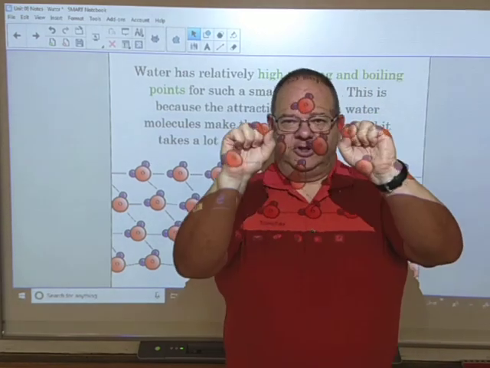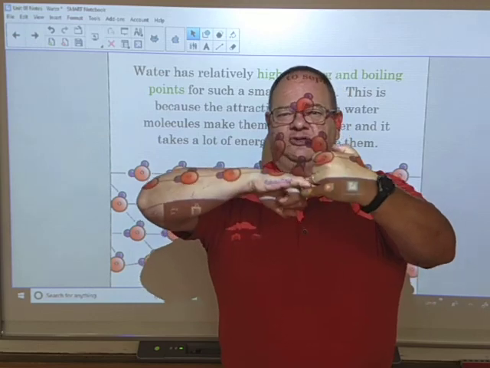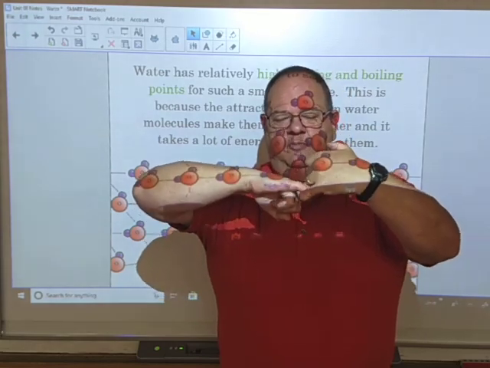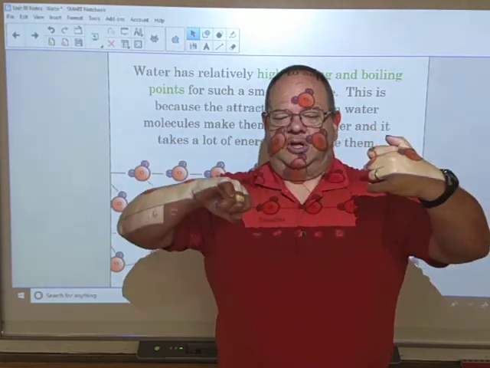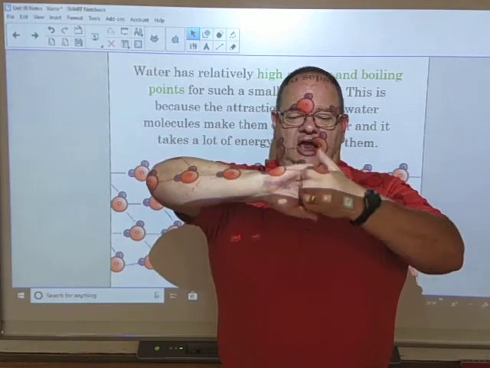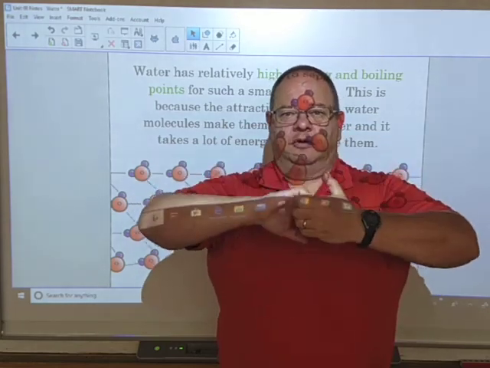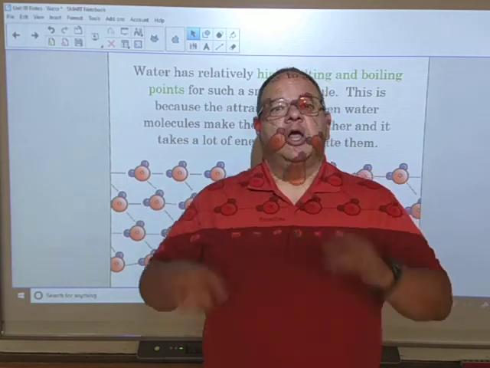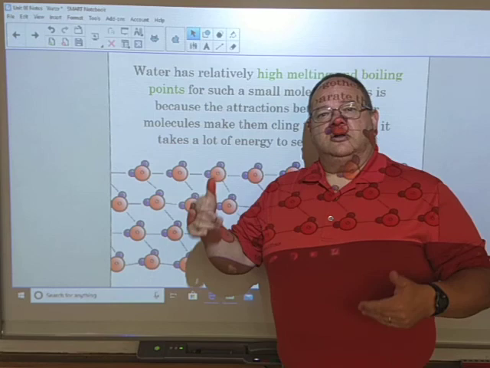I want you to imagine my hands are molecules, and if this little pinky grip I have here is the attraction between the molecules, it's pretty easy to break those molecules apart. If this is my attraction between the molecules, it becomes much tougher to break that attraction apart. The stronger the attraction between the molecules, the higher the boiling point.